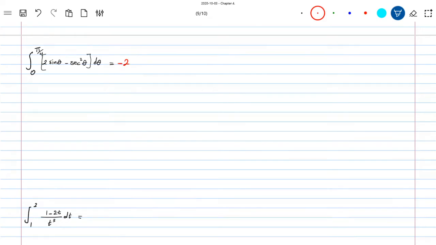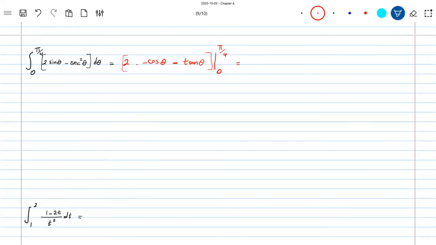So I'll get negative 2 times cosine theta, minus the antiderivative of secant squared. Derivative of what is secant squared? It is tangent theta. So this is evaluated from 0 to pi over 4. Again, if you have an upper bound and a lower bound, you don't really need that constant. If you write the constant, it's extra work for yourself.